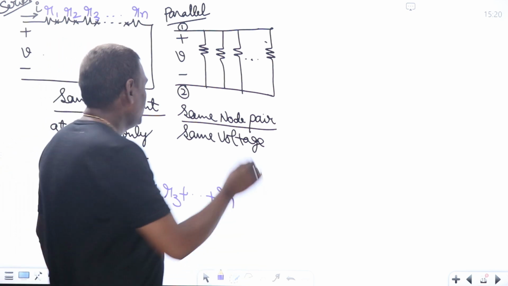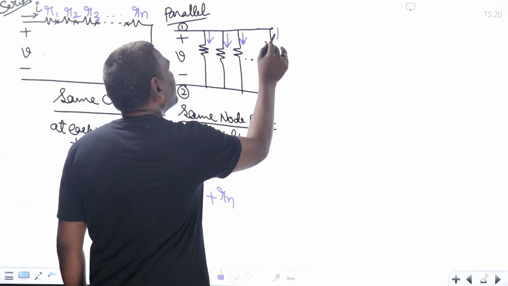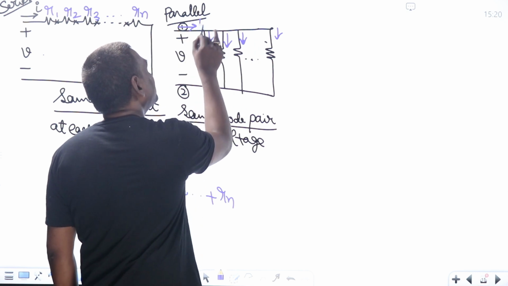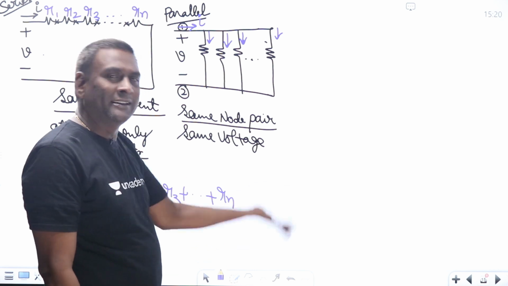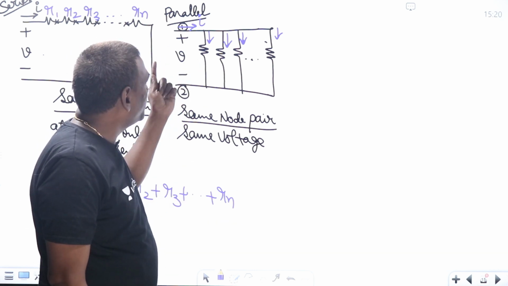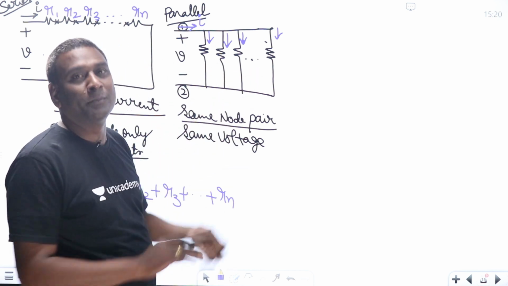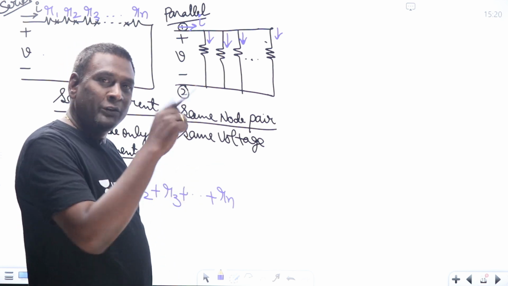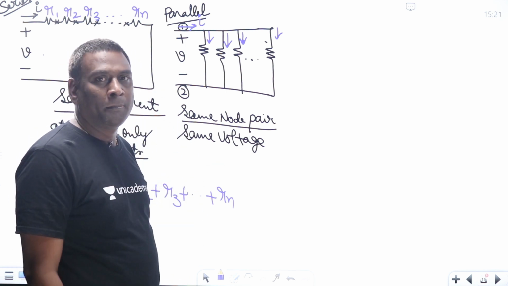Now what about here? Let me think of these as I1, I2, I3, In, and this is I. Now I equals I1 plus I2 plus I3 plus I4 and In. What is this I1? V by R1. What is this I2? V by R2. What is this I3? V by R3. If you bring out V common, V into 1 by R1 plus 1 by R2 plus 1 by R3, so on, 1 by Rn will come.